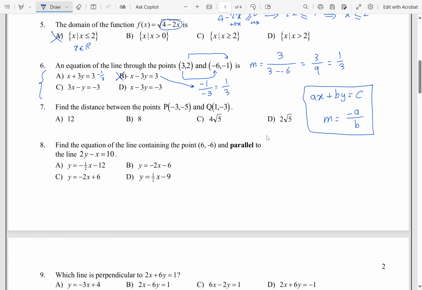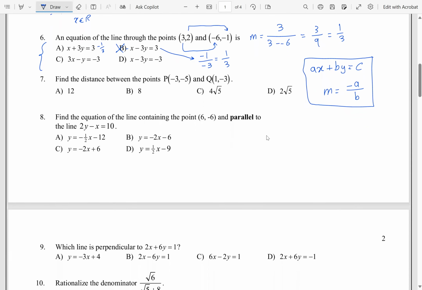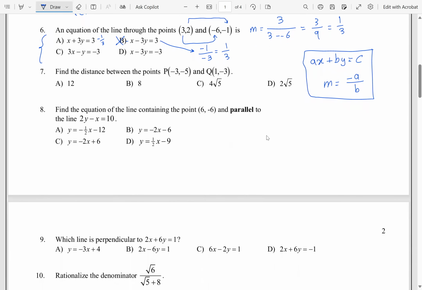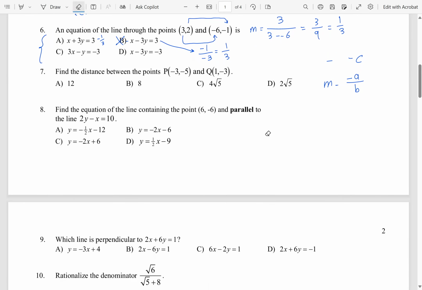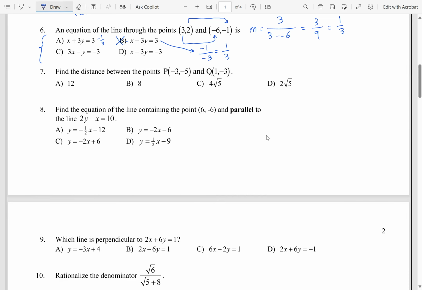Question number 7. Find the distance between the points negative 3, negative 5 and negative 1, negative 3. By applying the Pythagorean theorem directly on these two points, you just subtract the x values, negative 3 minus negative 1, and square, plus the difference in y, negative 5 minus negative 3, squared.